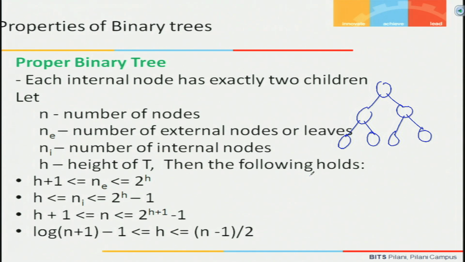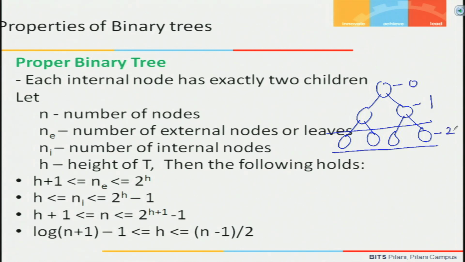Now, with this particular representation of N, N_E, N_I and H, we can prove the following 4 things. If you look at the number of external nodes, the number of external nodes in this case we can see is 4. Now, if I look at the height of this particular tree, this is at depth 0, this is at depth 1, and these are all at depth 2.